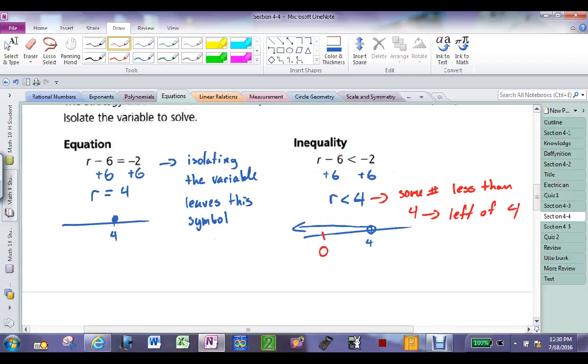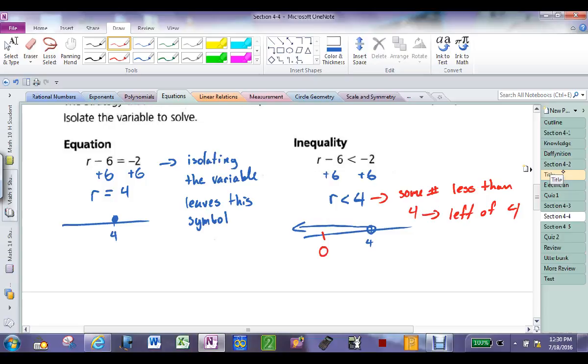Negative 3. Is negative 3 less than negative 2? Yes. If you use 4, what is 4 minus 6? Negative 2. Is negative 2 less than negative 2? No, it's the same. Okay? Everybody is good?